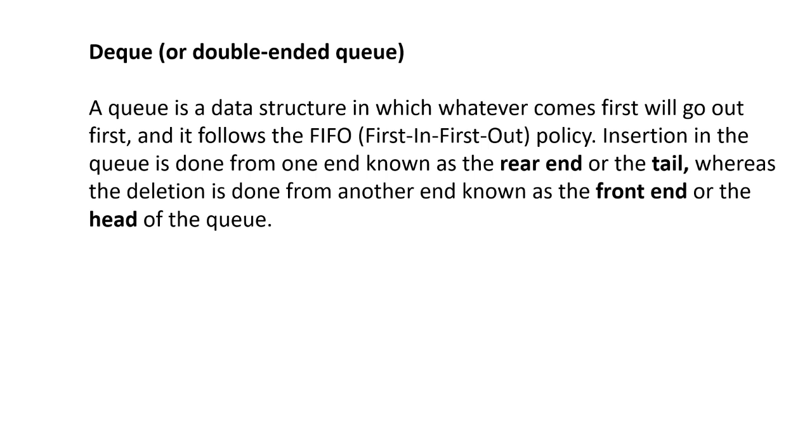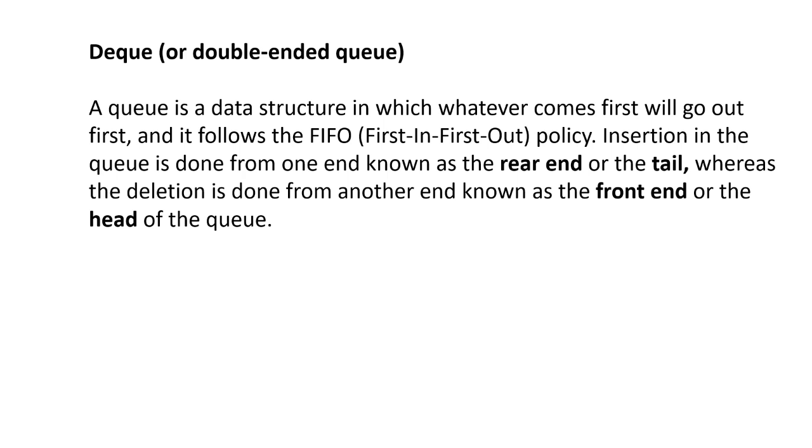Deque means double-ended queue, and this data structure is inspired by the queue data structure. In a queue, insertion takes place at the end and deletion takes place at the beginning.